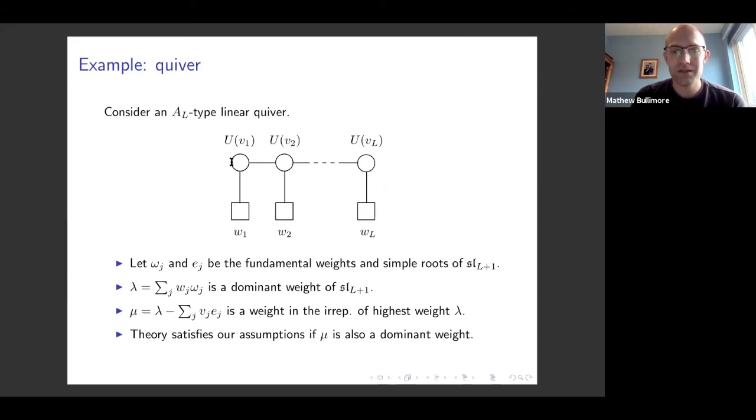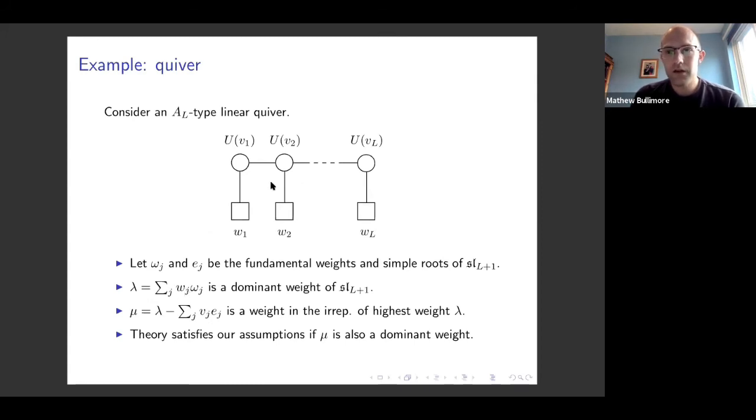So this data that specifies a theory, these numbers, the V's, giving the ranks of the gauge groups, and the W's giving the numbers of hypermultiplets, that data can be encoded in a really nice way in terms of a pair of weights. And they're weights of the Lie algebra whose Dynkin diagram looks like this. So in this case, because the quiver has length L, that's the Lie algebra SL L plus 1. So let me denote the fundamental weights and the simple roots. These are things that are dual by omega and E. Then you can encode the matter representation, the W's, in a dominant weight of SL L plus 1 in this way.